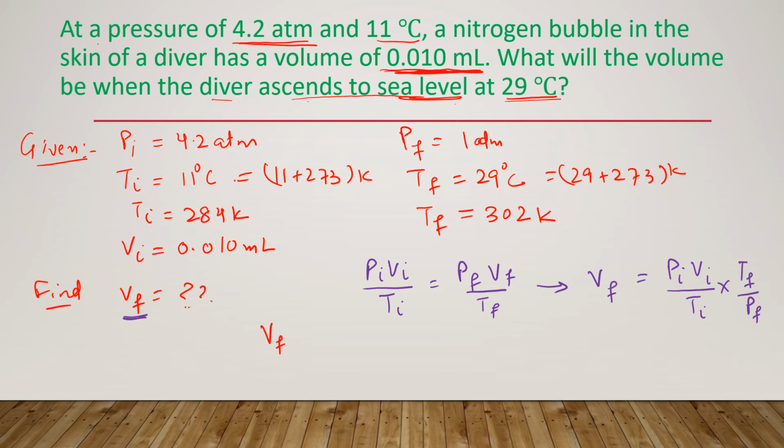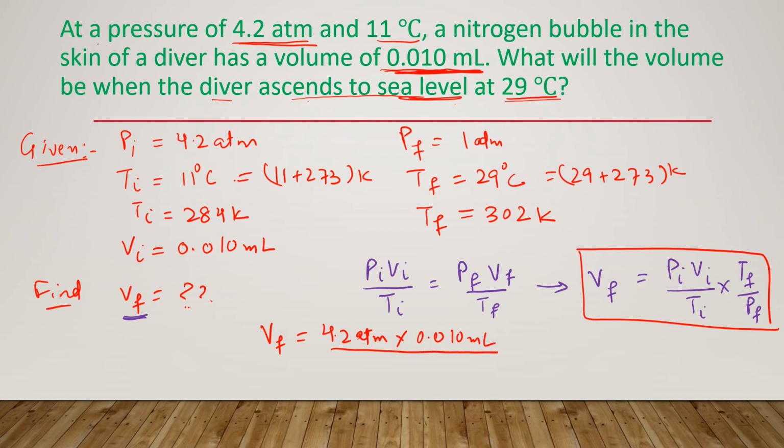So Vf will be equal to, let's plug in the values in this equation. P initial is 4.2 atm multiplied by V initial, which is 0.010 ml, divided by T initial, which is 284 Kelvin, multiplied by T final, 302 Kelvin, divided by final pressure, which is 1 atmosphere.